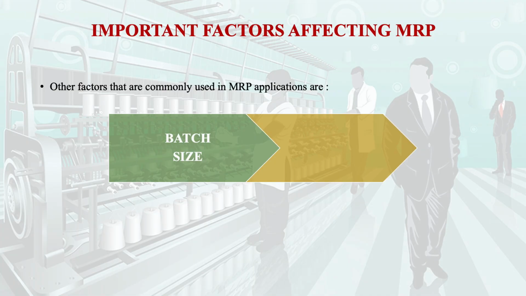Now there are some factors, as we have pointed out in our learning objective also, that you will be able to explain the important factors which affect the MRP. If we say in short, MRP applications depend on factors like batch size and the safety stock.